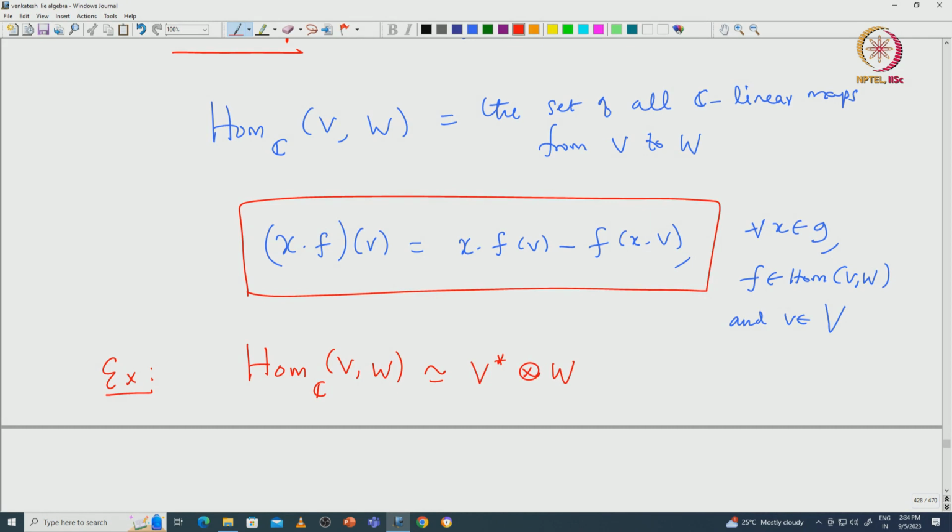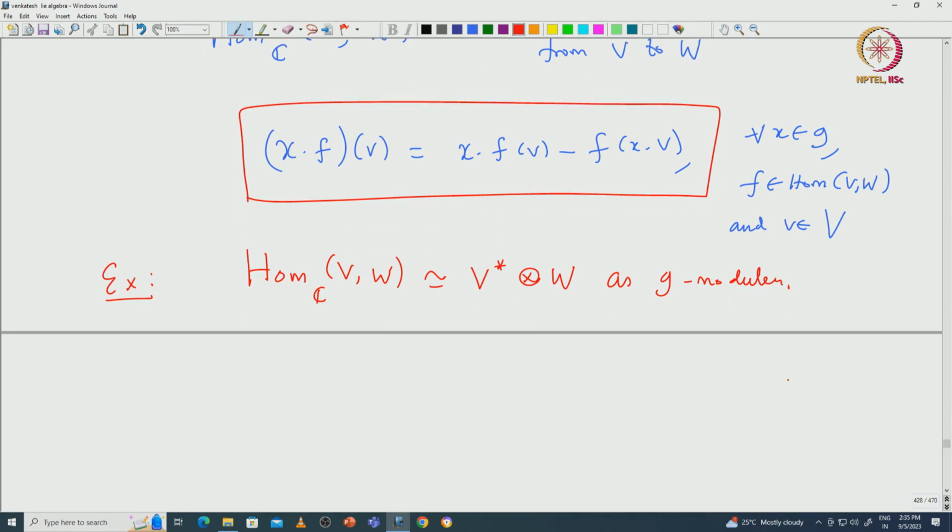If W is another G representation, then we can consider the tensor product of these two representations, V star tensor W. That will be, as a vector space, naturally isomorphic to Hom of V comma W. We say that this natural map is indeed a G module isomorphism, so this is as G modules.